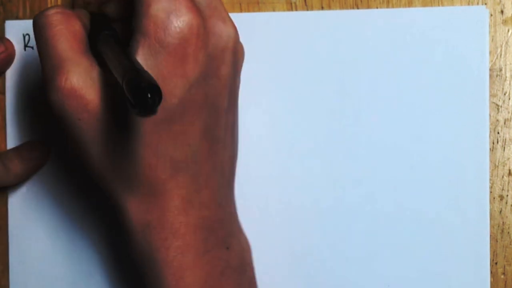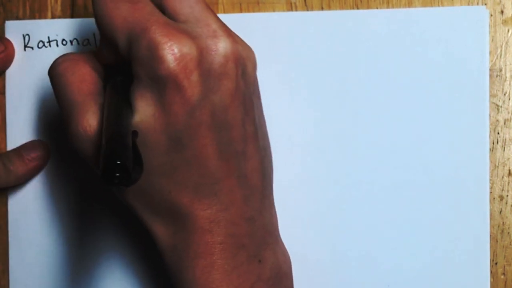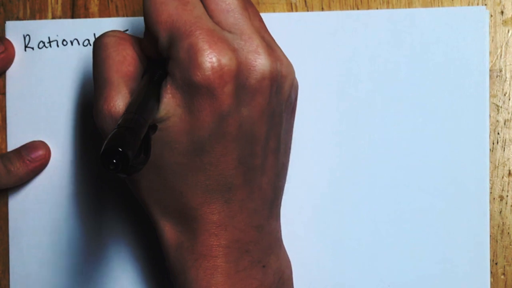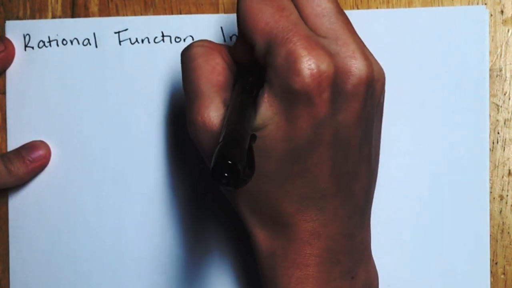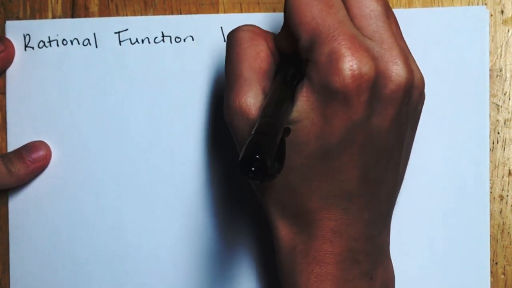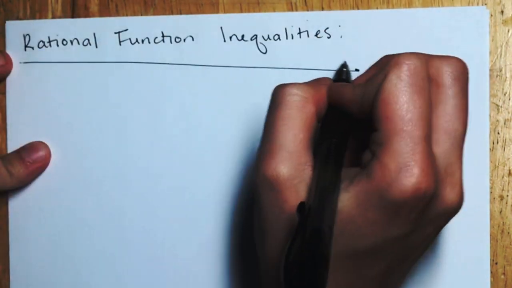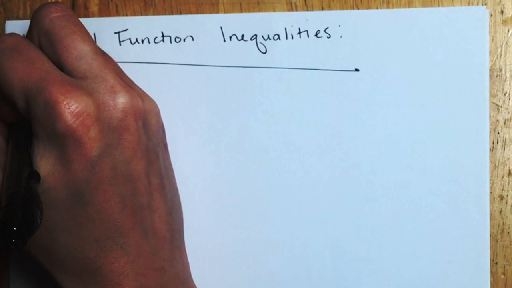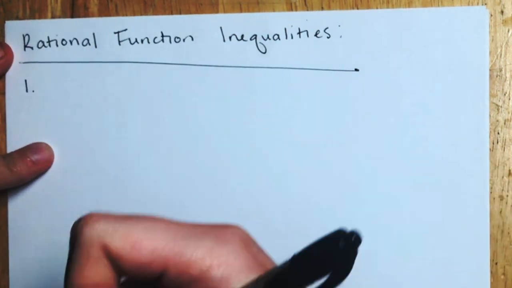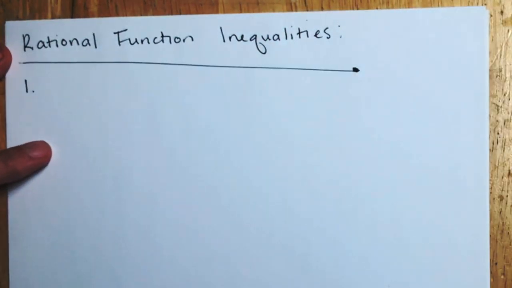Okay, so let's extend this technique for polynomial inequalities to rational functions. So I'm going to give y'all some quick guidelines. Rational function inequalities. These are some steps. So the very first thing is we want to make it look like those quadratic and polynomial inequalities.